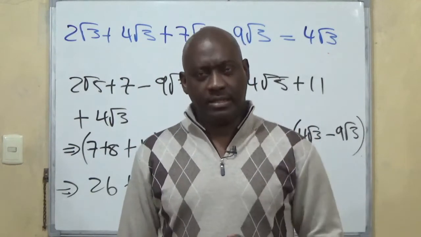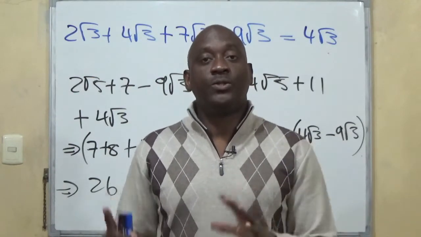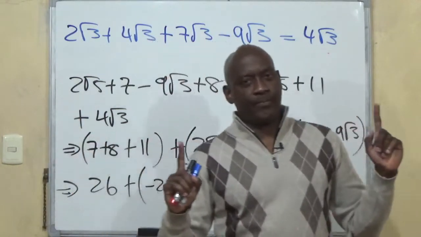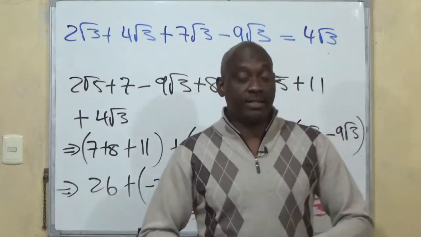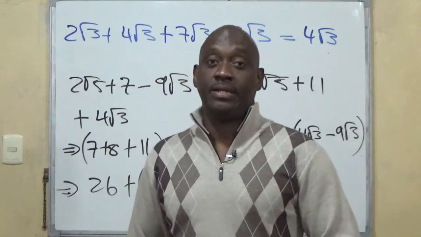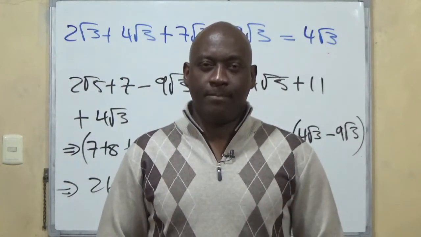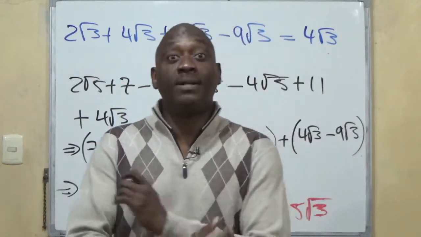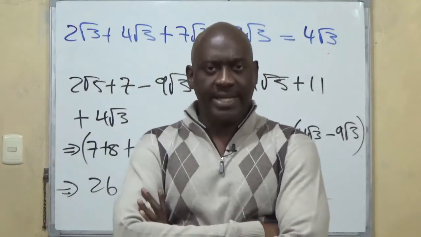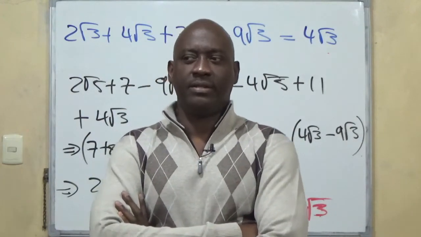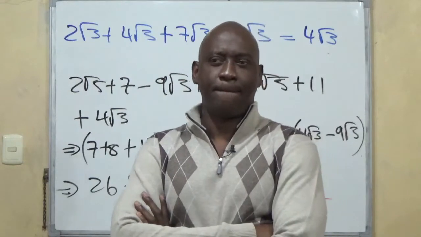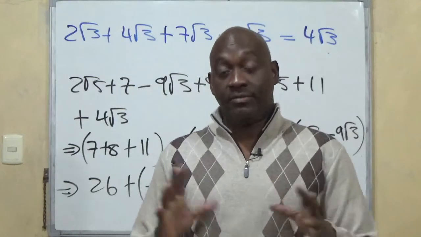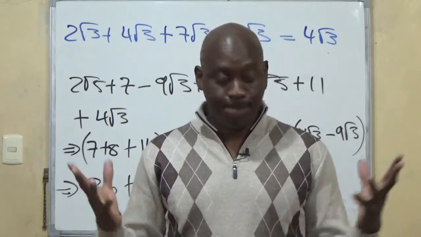If we have to add or subtract two or more surds, then the surd factor has to be the same. However, in the case of multiplication, it is not necessary for the surd factor to be the same. You could have different surd factors coming together to multiply.